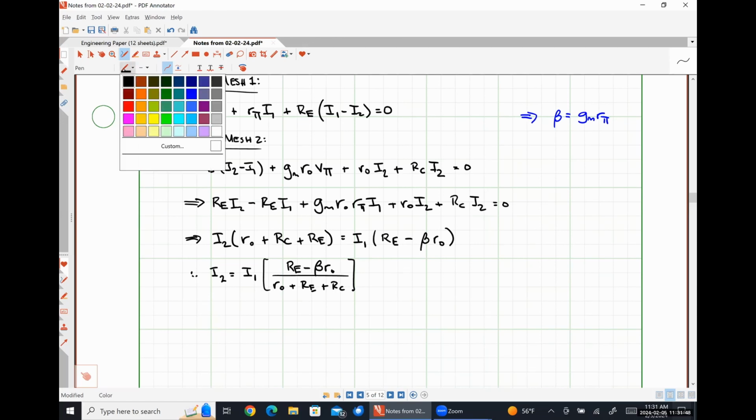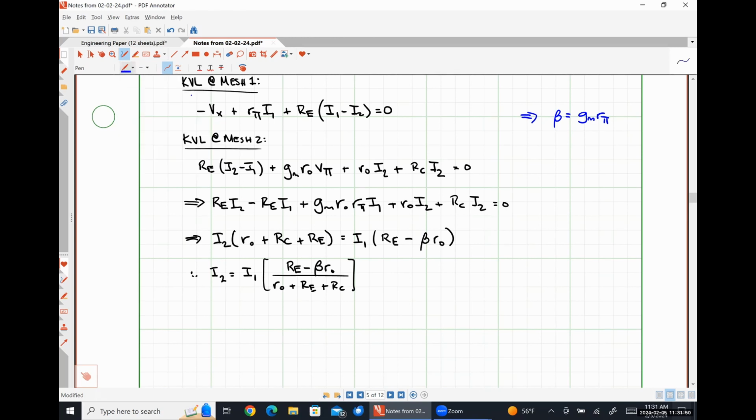And I can substitute this relationship back in up here, so that now I will have a relationship that only depends on Vx and I1 effectively. And the ratio of Vx to I1 is the resistance that we're looking for.